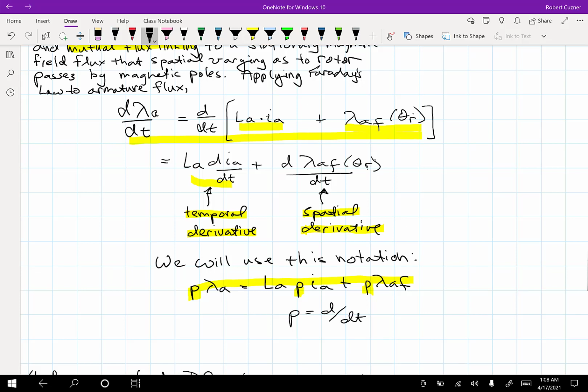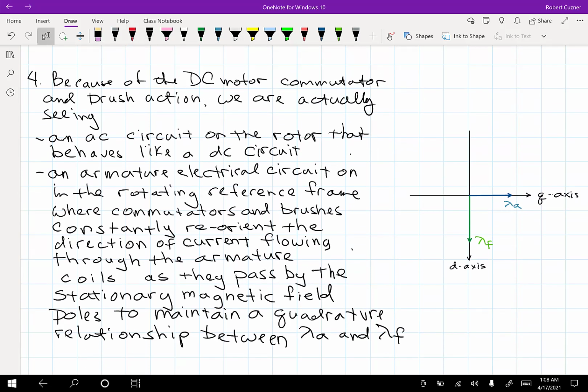Now number 4, because of the DC motor commutator and brush action, we are actually seeing with that machine an AC circuit on the rotor that behaves like a DC circuit.